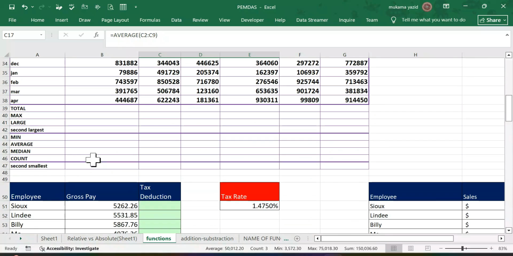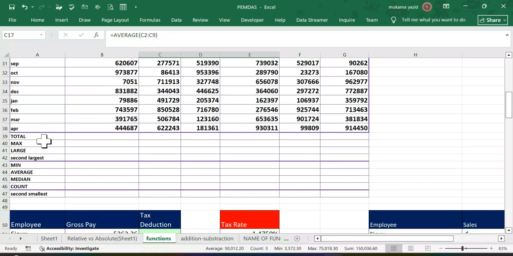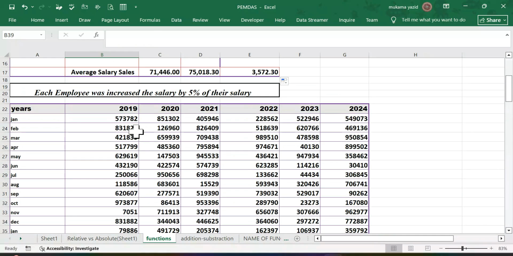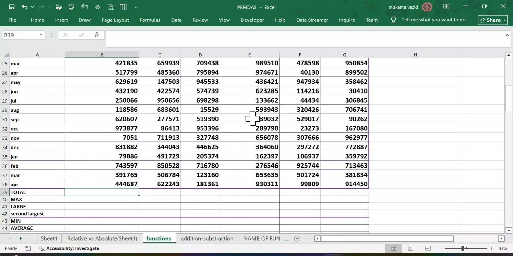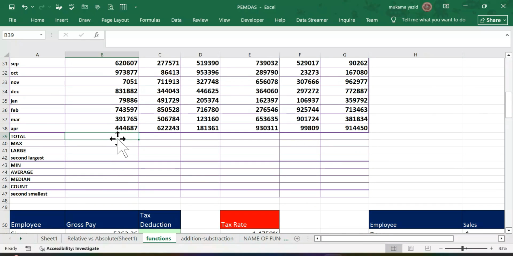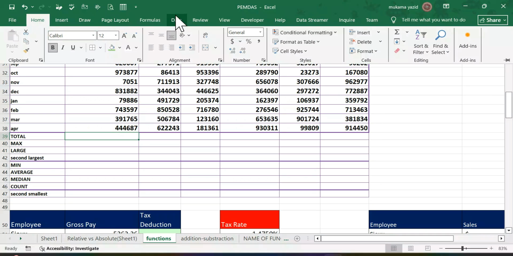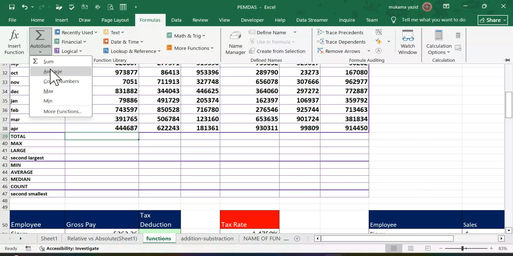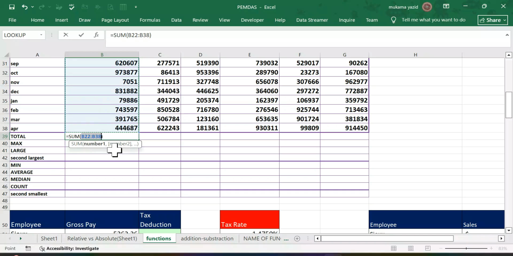Here they want us to capture something. Here we have total values, these are years and months. They want us to capture the sum. So here we're going to use a function. I think AutoSum. You go to AutoSum. I think it's okay.